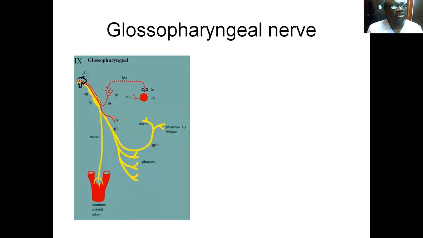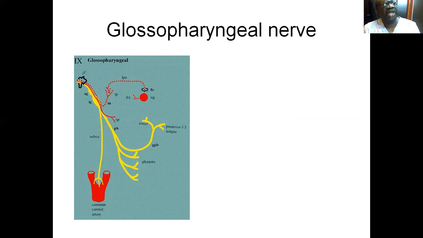And I keep on showing you this illustration because I want you to appreciate the distribution of the glossopharyngeal nerve, particularly the otic ganglion and the parotid gland, which is in red. You can see how very close to the inferior ganglion the lesser petrosal nerve takes a journey.